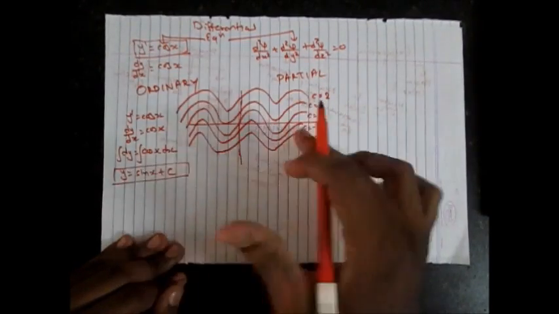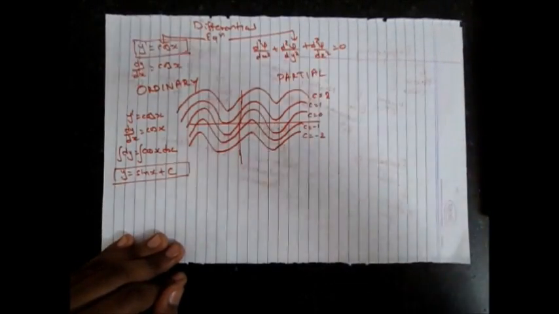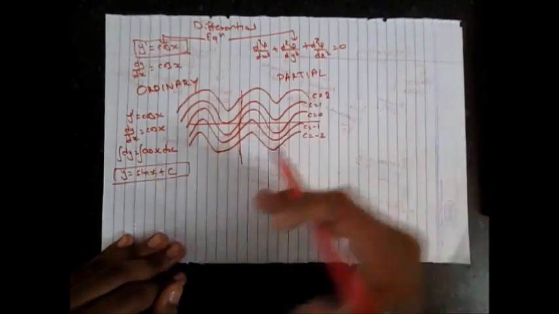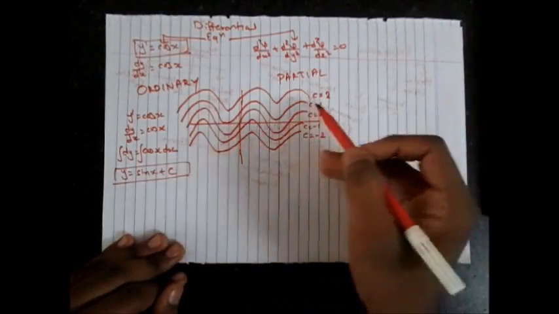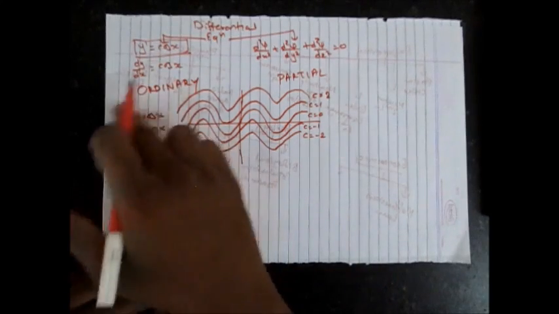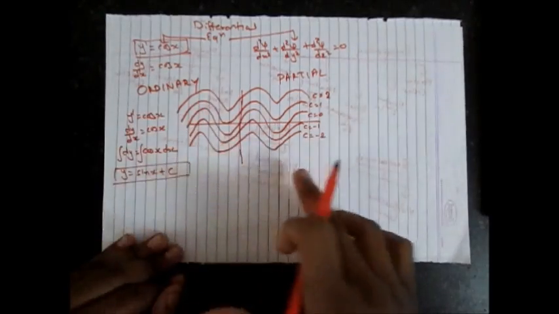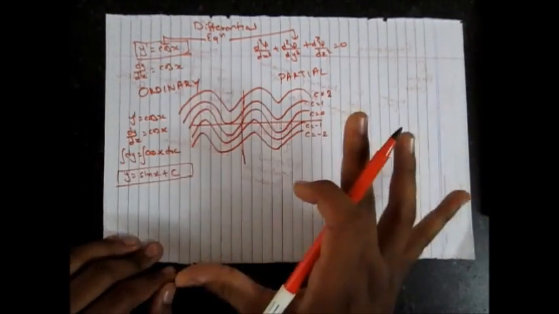In this plot, with different values of c, I'm getting different values of y, different solutions, right? So this equation is known as the differential equation, which I have solved as y equal to sin x plus c, and I'm getting different solutions, which is known as the general solution.